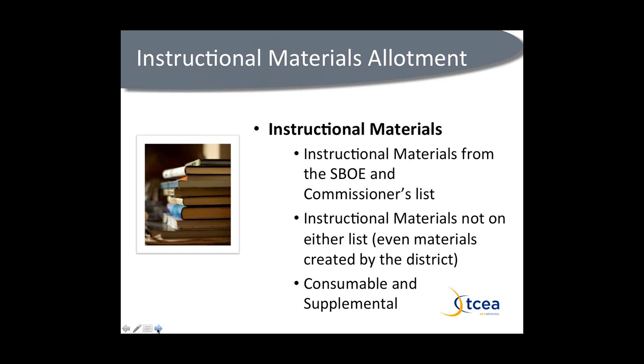That's the big change. School districts are no longer required to buy instructional materials off of the State Board adopted list. Last year was the first year that this was started, and by and large most school districts did buy off the State Board approved list, but they're no longer required to.